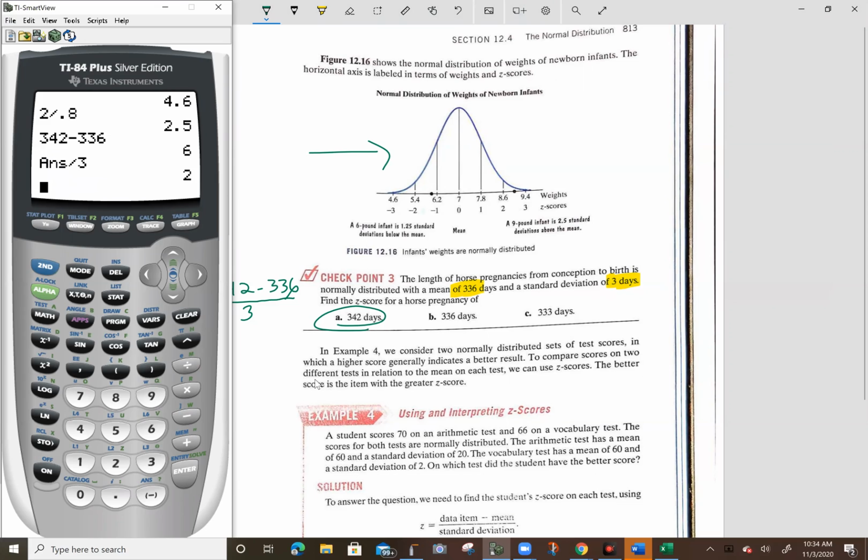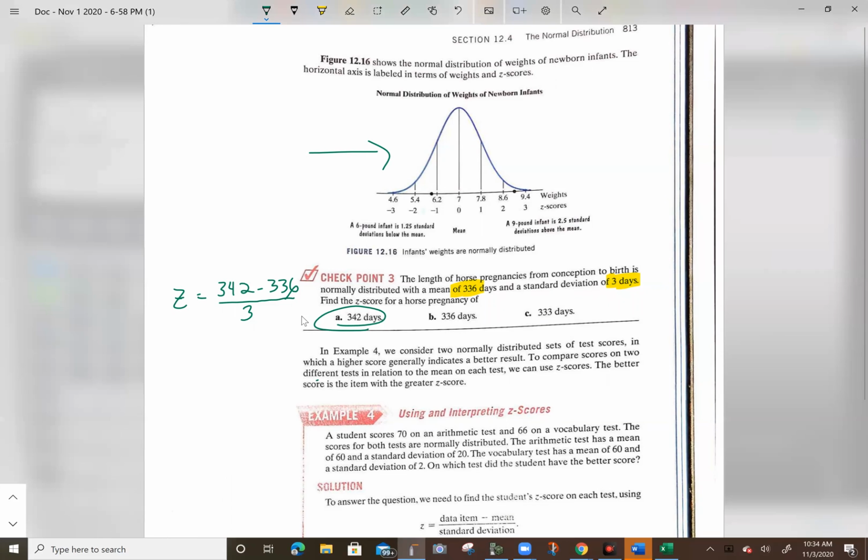So it would be positive 2. Then to do the other ones, you just replace this number, and that's it.